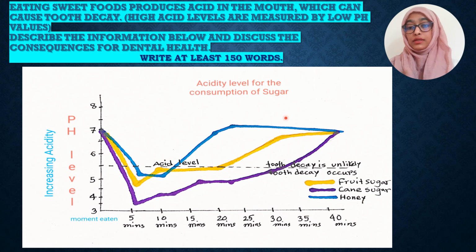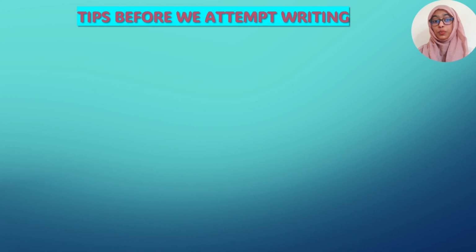This kind of food is likely the best for your teeth out of these three, definitely. Basically, we are looking for the superstar and the villain in terms of how they affect our teeth, right? So we are going to present some of the thing in a negative way and some of the thing in a positive way. So okay, let's move on to the next part, tips before we attempt writing.